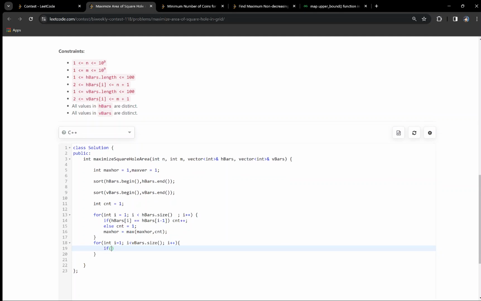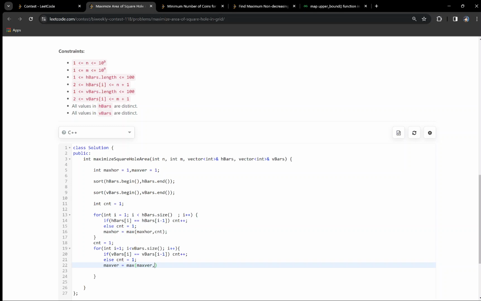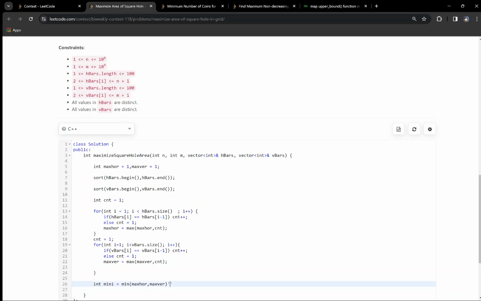Now if v bars of I equal to v bars of I minus 1, count plus plus, else count equal to 1, and max var equal to maximum of max var or count. And we will return mini equal to minimum of max or max var. Return mini into mini.